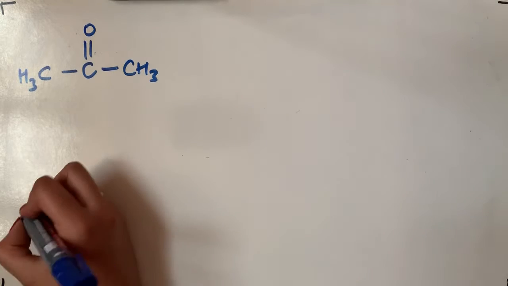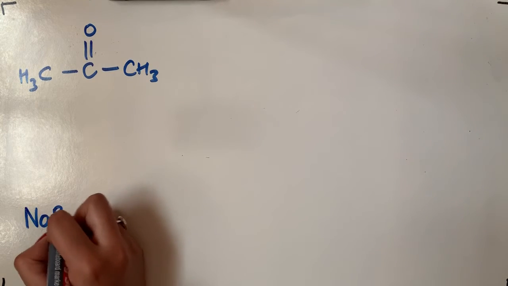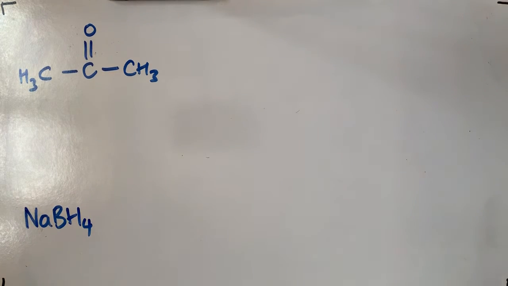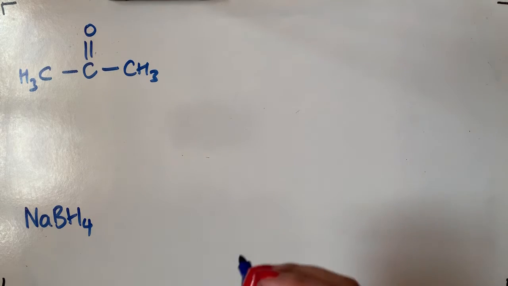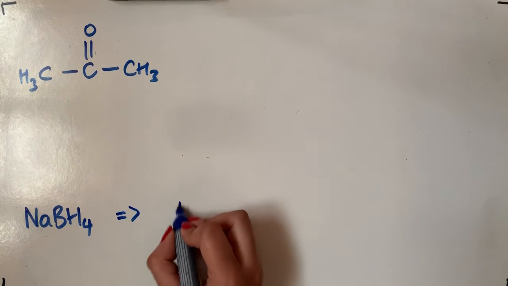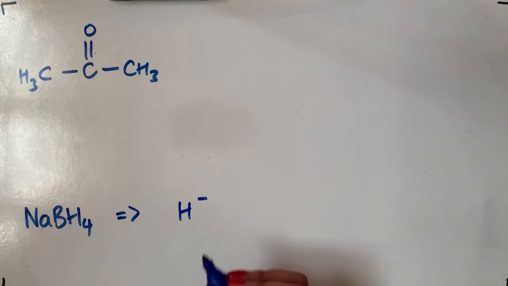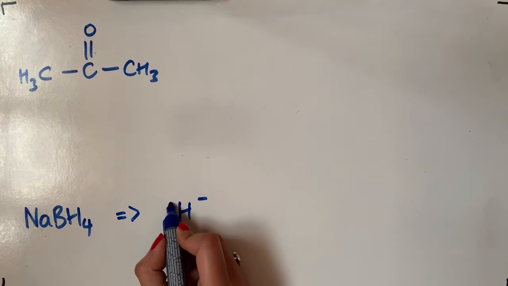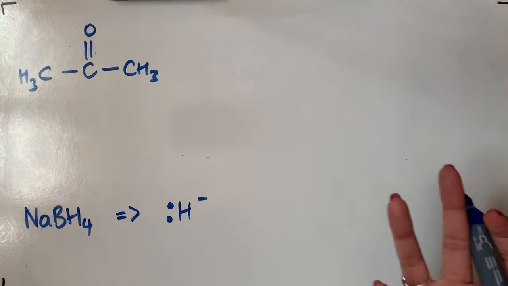Okay. Right, so we have our sodium borohydride in the pot. Now, what you need to know about sodium borohydride is that this compound here, it's going to release hydride ions into the solution. Now, hydride ions are hydrogen atoms that have gained an electron, and therefore they're going to have 2 electrons. So they have a lone pair of electrons on them.